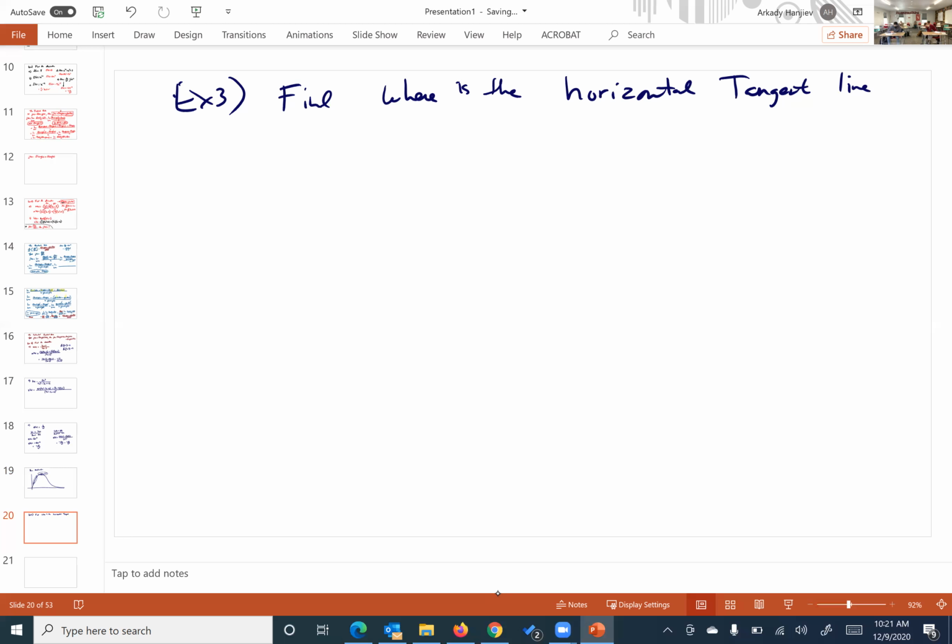Where is the horizontal tangent line for this function right here? This function is measuring something, whether it's pain medication, or the distance that something is being flown by, and that distance would be the maximized distance away from an object or the minimized distance away from an object.